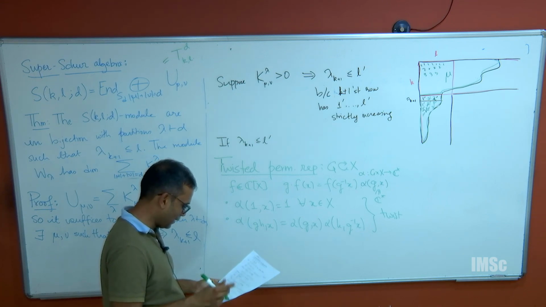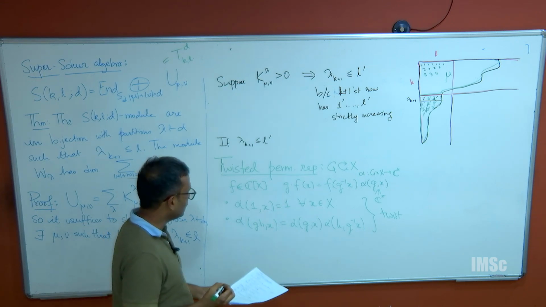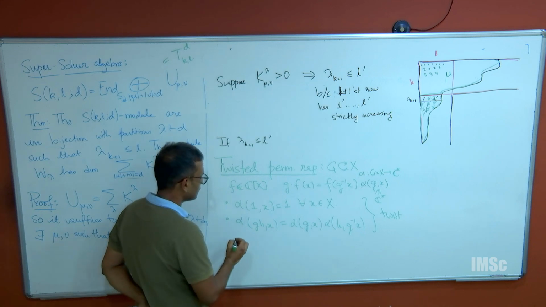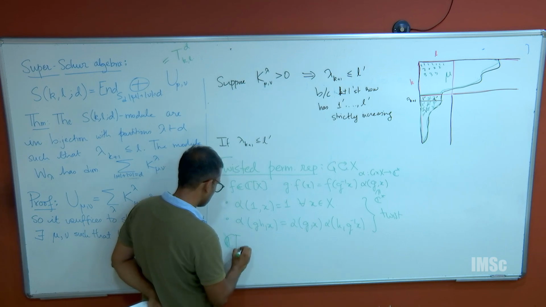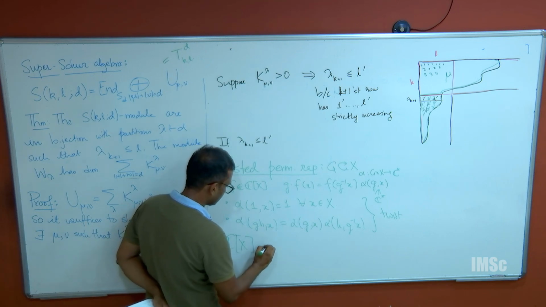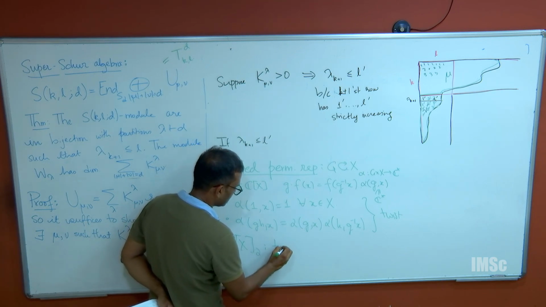Yeah, one can think about this. So now the thing is, we will call this representation the twisted representation C X alpha, twisted permutation representation.